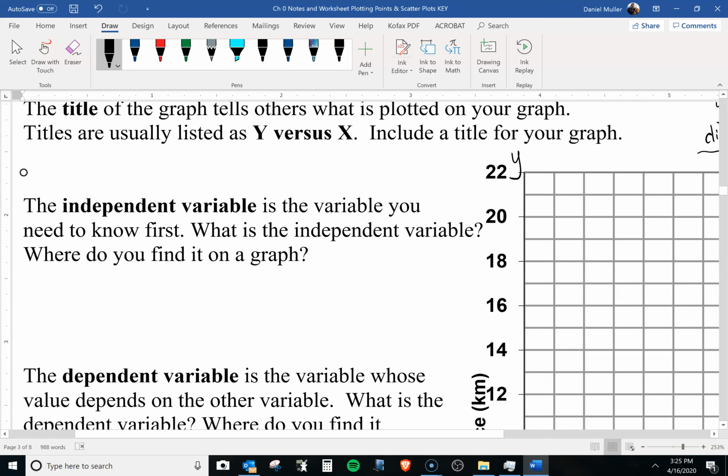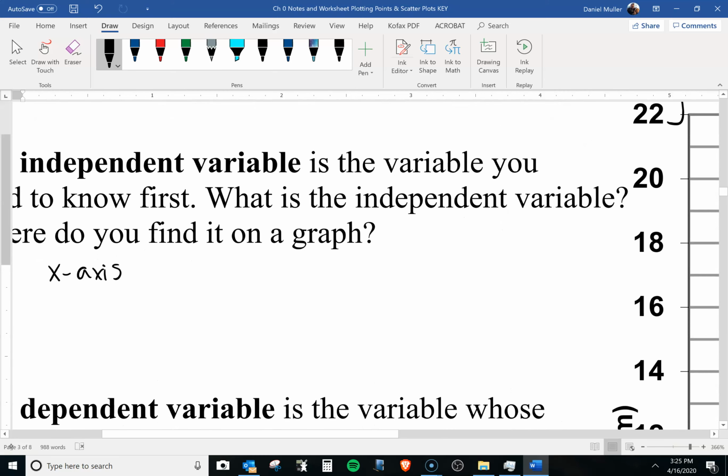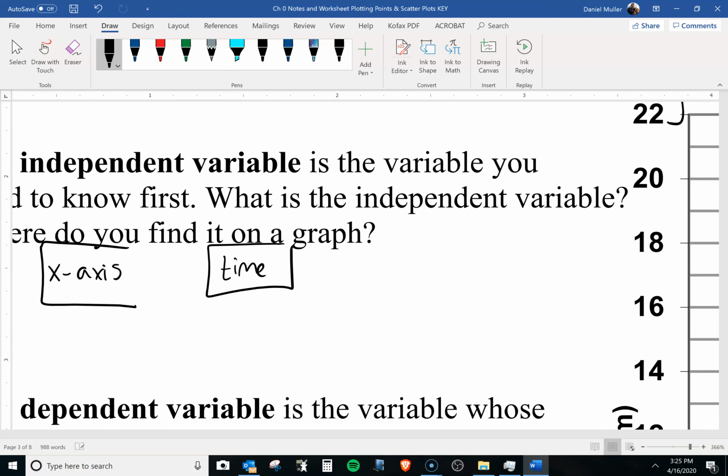In our case, that is time. It's always found on the x-axis. So I'll write in here independent variable.